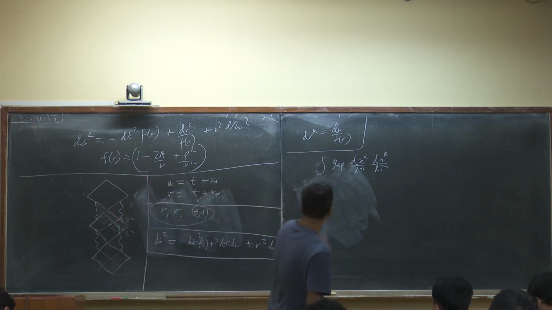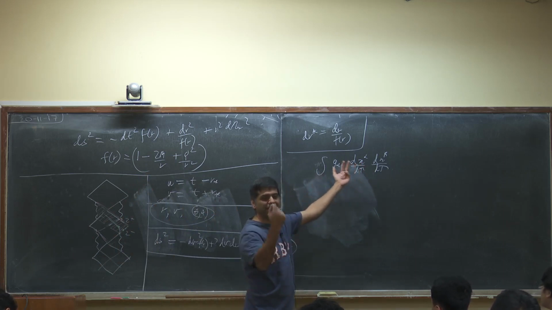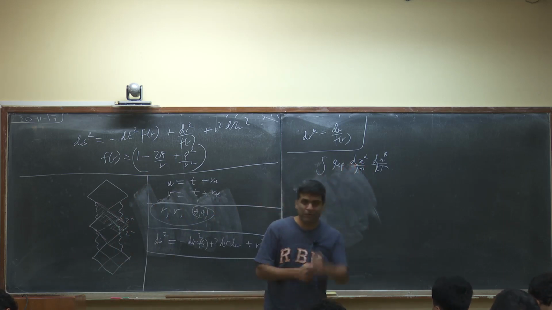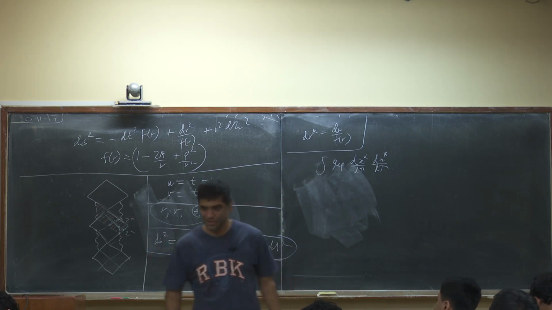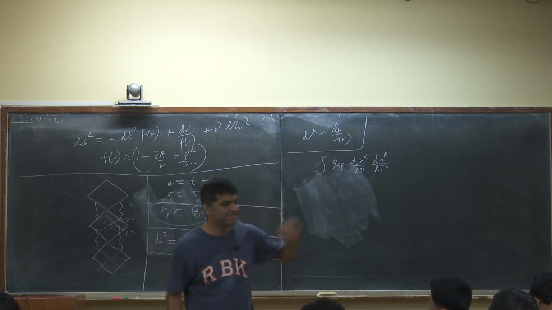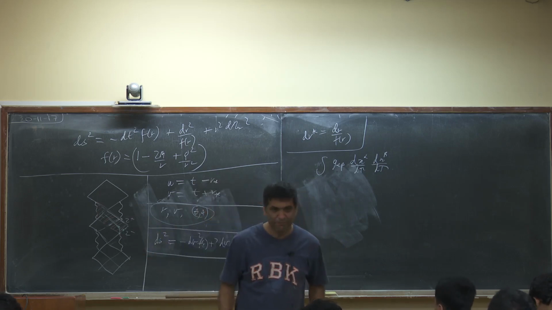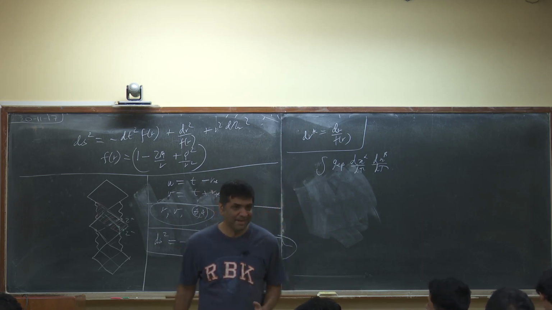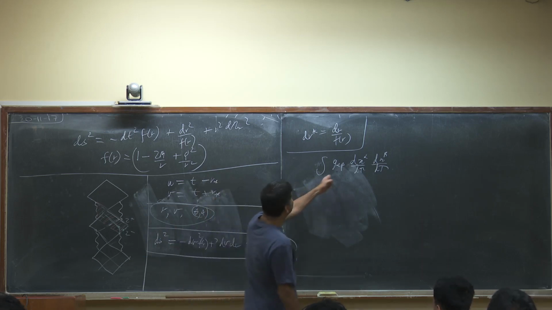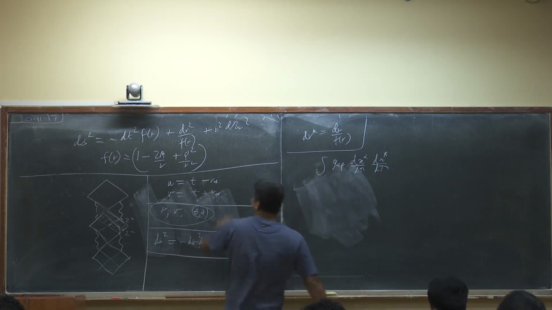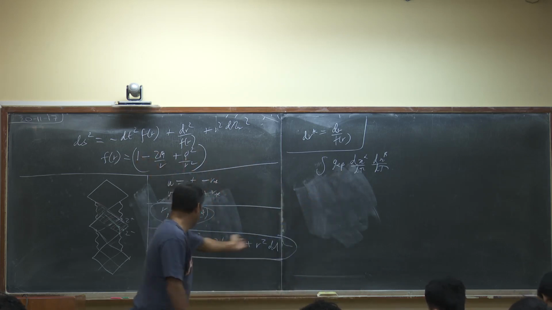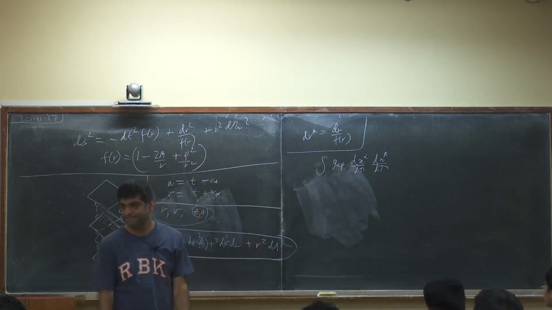So there are two coordinates. This is like a non-relativistic particle moving in a 2-dimensional space. One of the dimensions is r, the other is v. Now you know that this g_αβ, it's there in front of you, is independent of v.